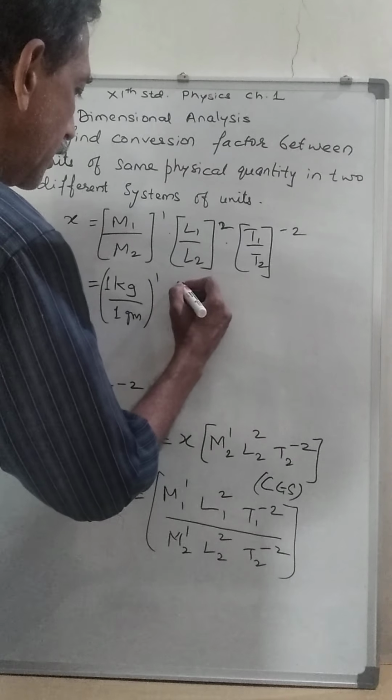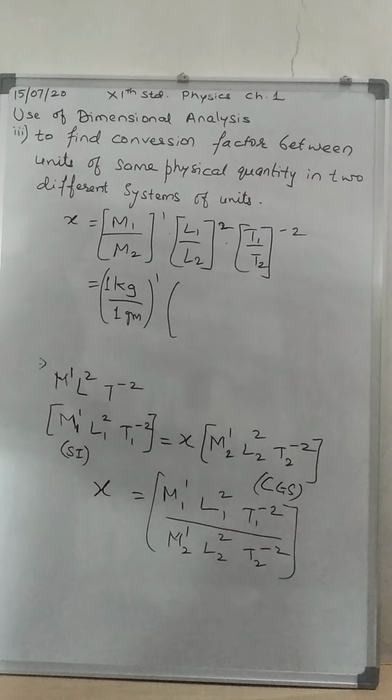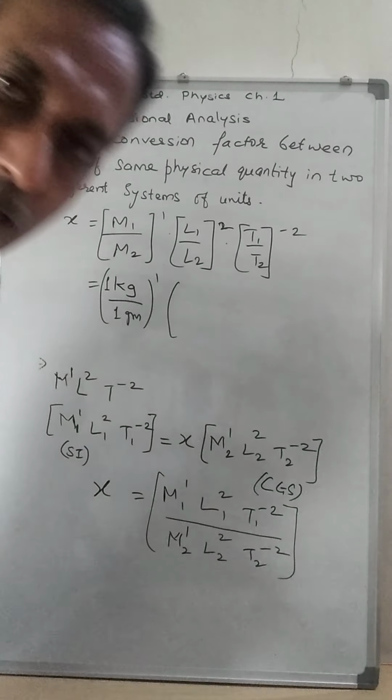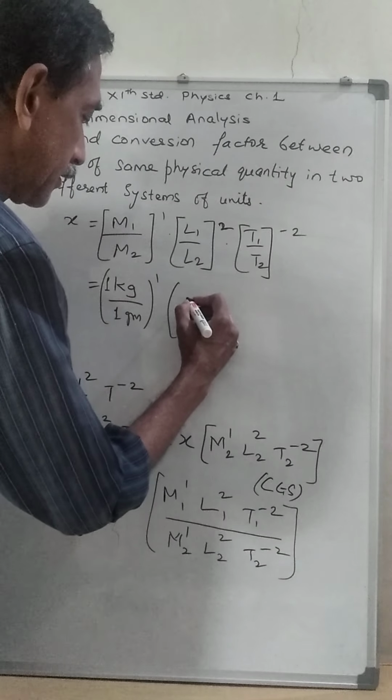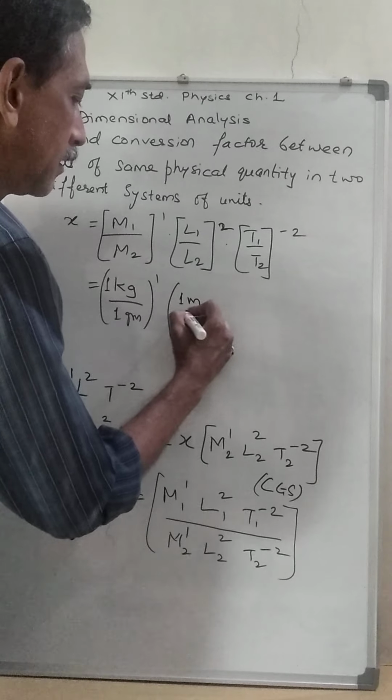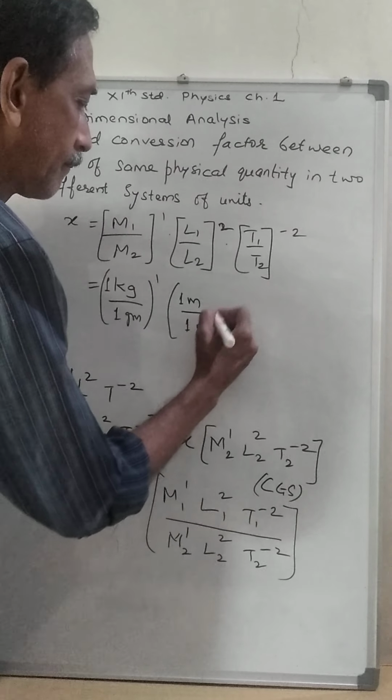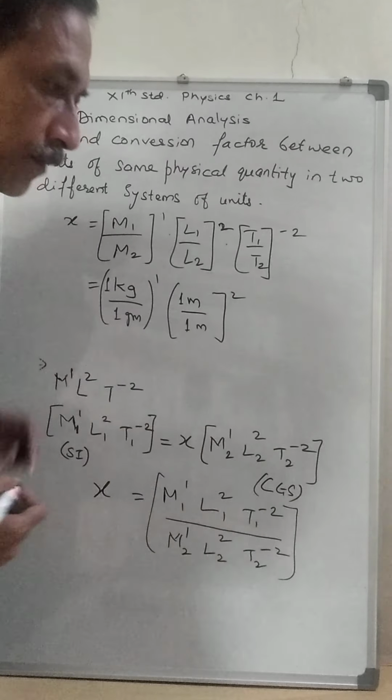For length, in SI the unit is meter, so we have 1 meter upon 1 centimeter in CGS, raised to 2.